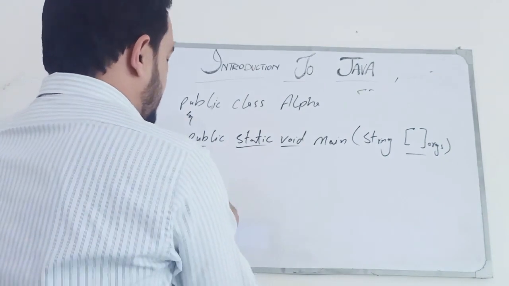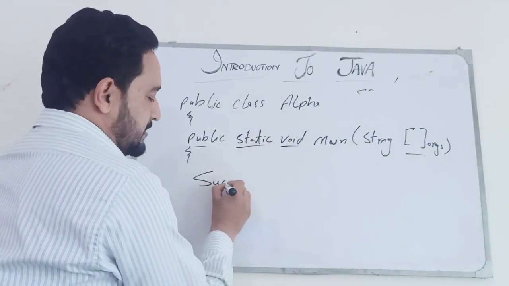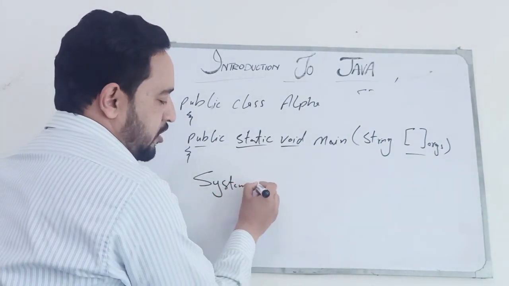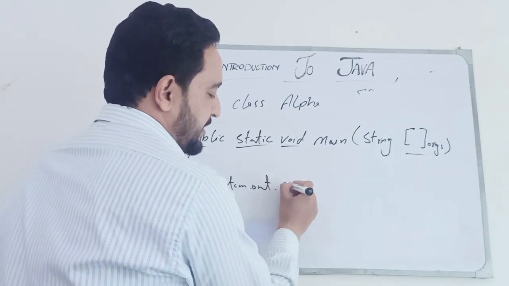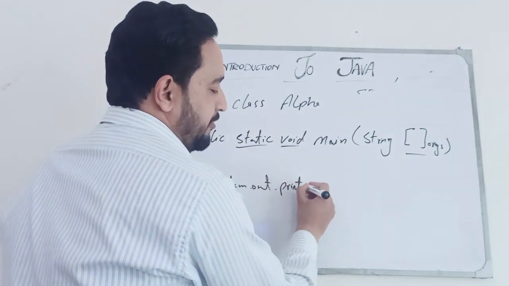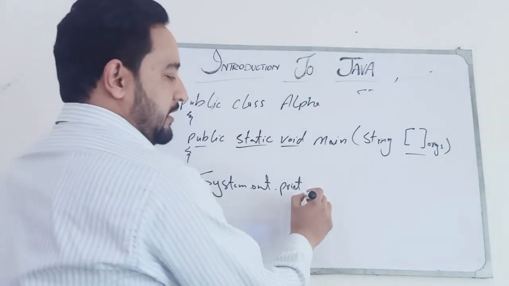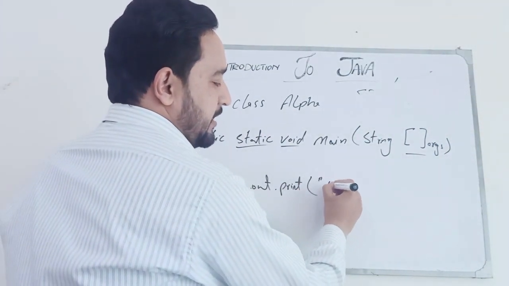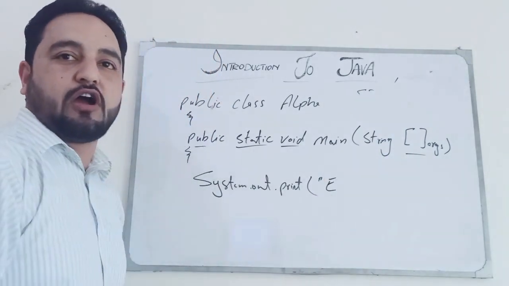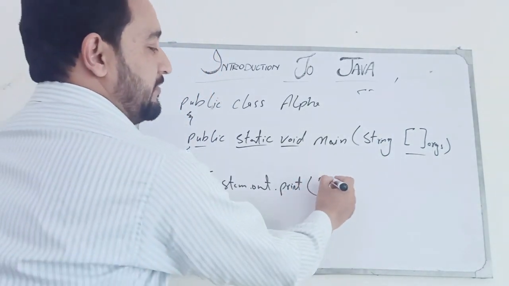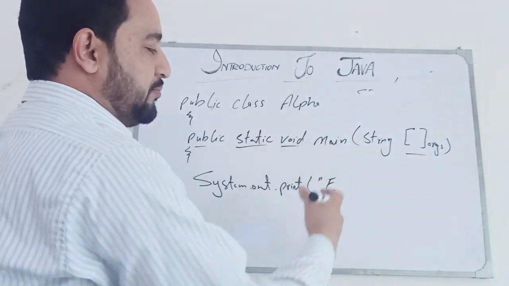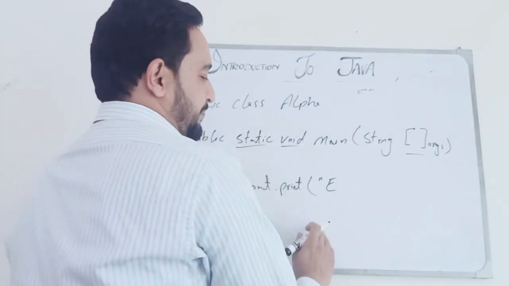We will write the first line like System.out.print. We can use print or println. If we write print, then it will write in the same line where the output is given, or if we write println, it will move to the next line.